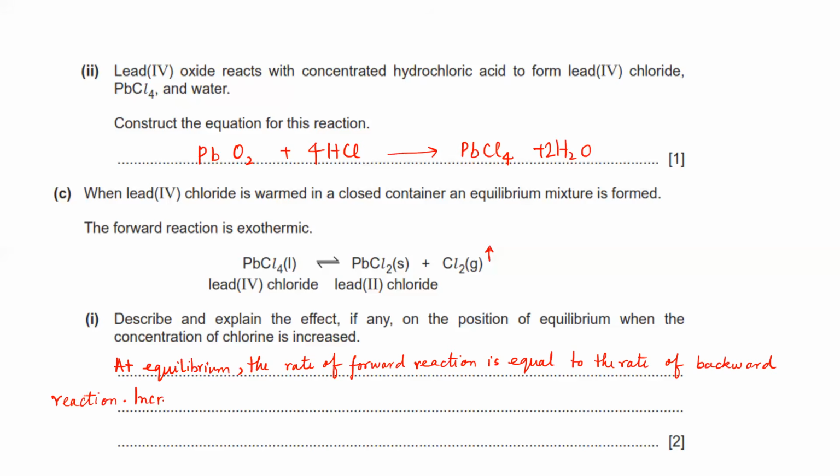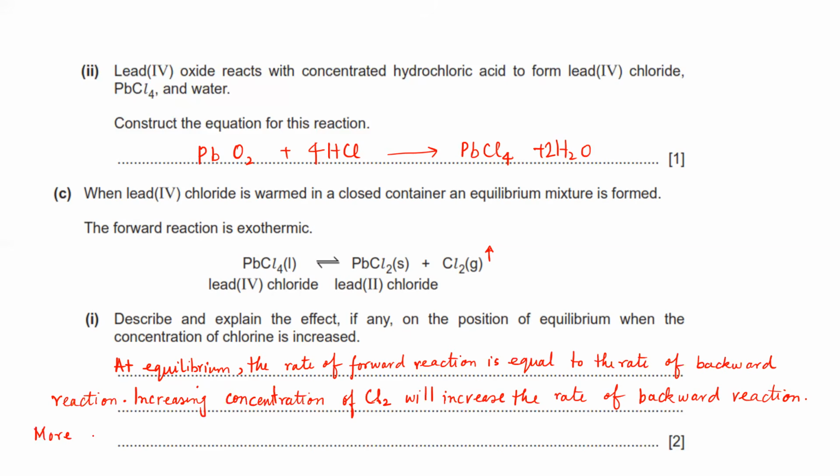So increasing the concentration of chlorine will increase the rate of backward reaction. We'll have more PbCl4 formed.